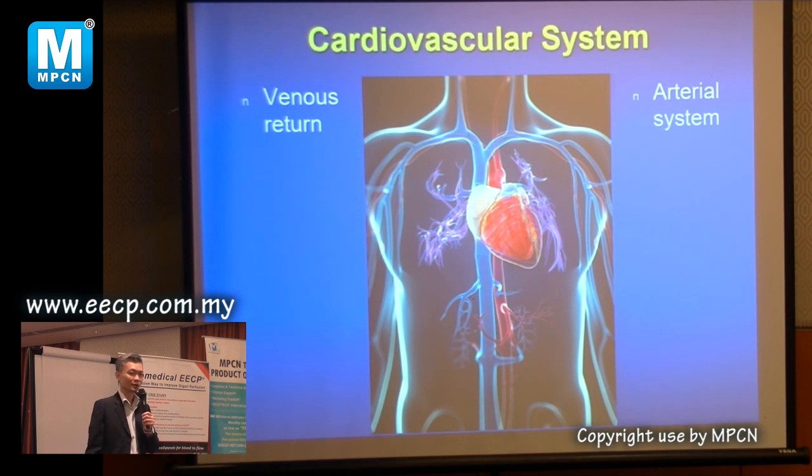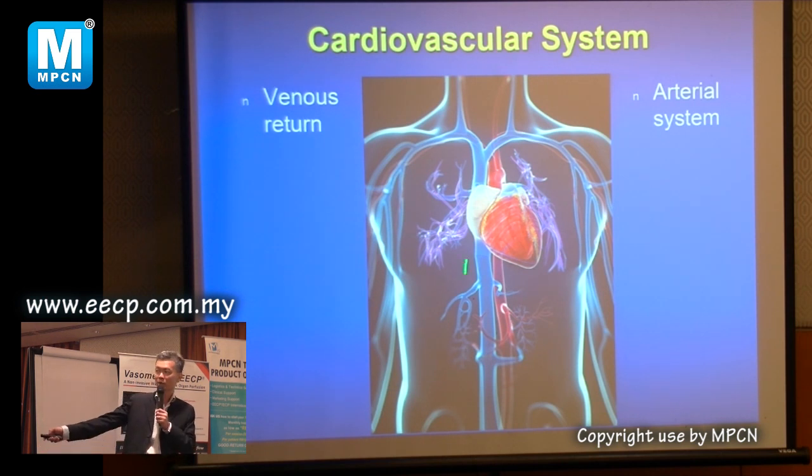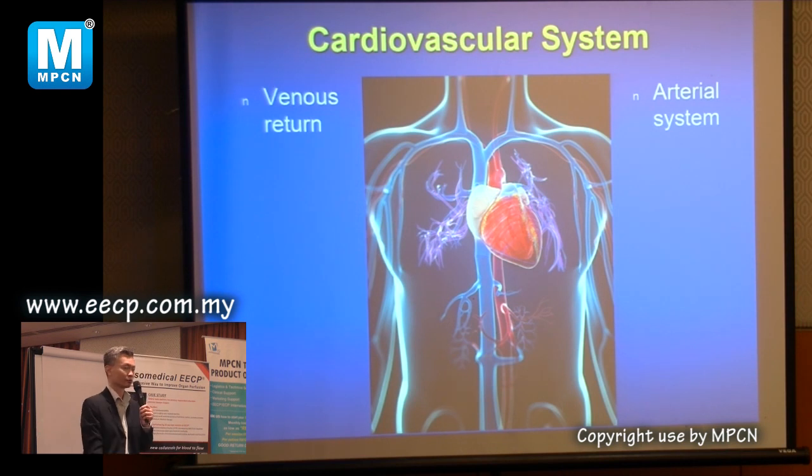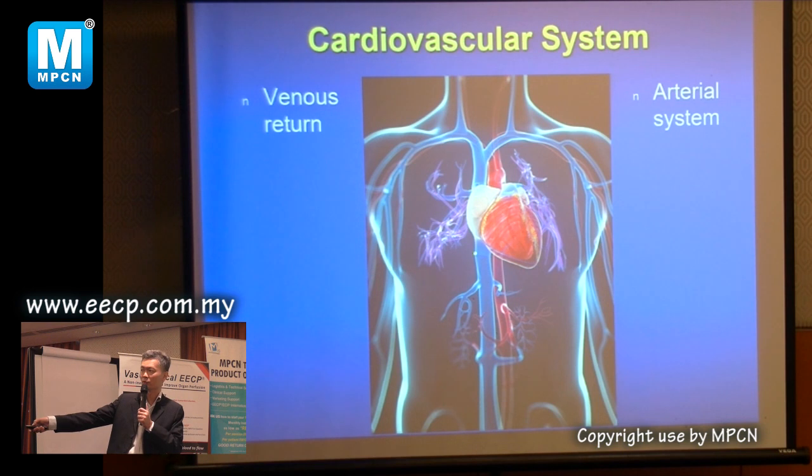So when you squeeze the leg, the blood will shoot up from the vein as well. The vein is the one that goes to the right heart. The artery is the one that comes up from the left heart. So if you squeeze the blood from the vein into the heart, what will happen? You increase flow to the heart, right? So actually it increases cardiac output, more blood, so more force will come up.